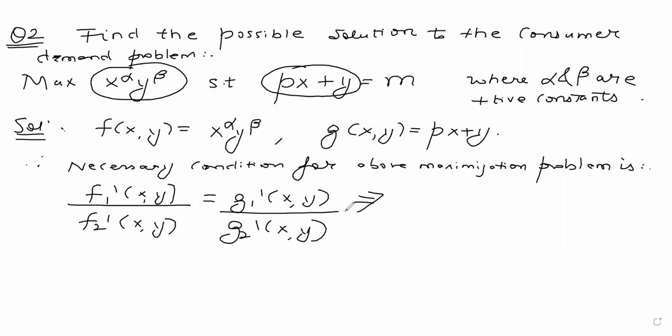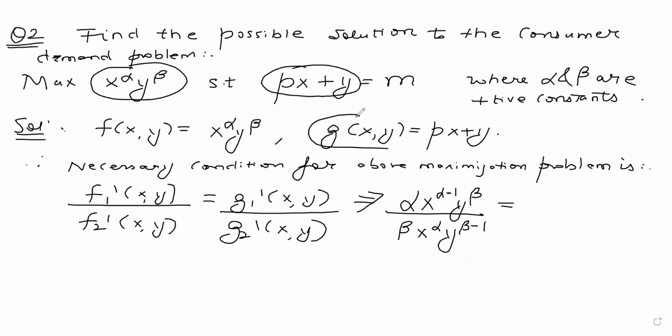What is f1 dash of x, y? Differentiate with respect to x: alpha x to the power alpha minus 1, y to the power beta, upon differentiate with respect to y: beta x to the power alpha, y to the power beta minus 1, equals g1 dash. If I differentiate this with respect to x, I get p. If I differentiate with respect to y, I get 1.